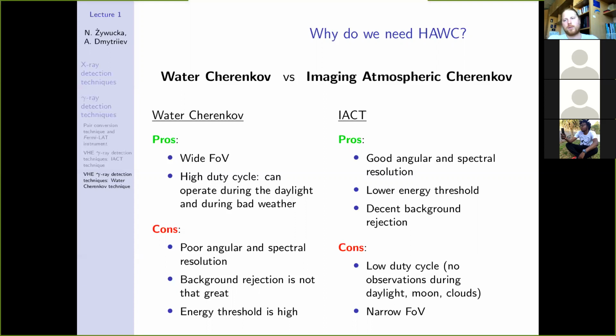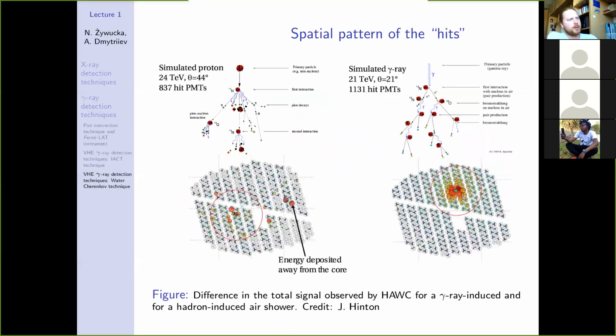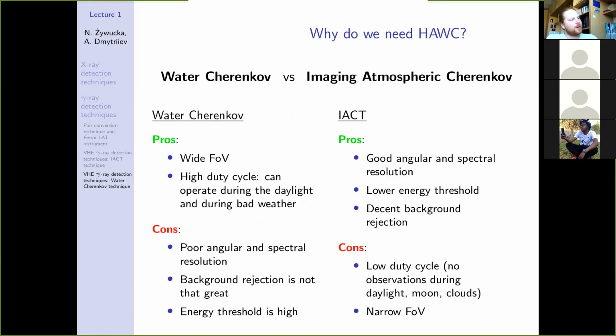And the spectral resolution is much worse, because you cannot reconstruct the energy well either. Based on this pattern, the reconstruction has a very limited precision, unfortunately. And background rejection is not very optimal as well. As I already mentioned, that's because you sample only part of the shower, and that's it.